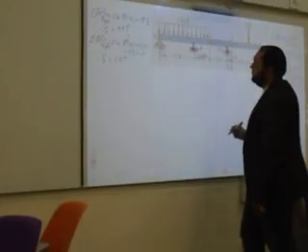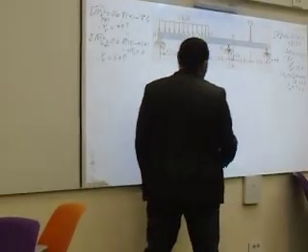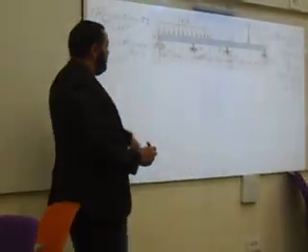Therefore, YA comes to: this is 24, 24, this is 32. 32 minus 4, this is 28. Minus 6, this is 22. Minus 15, this is 7, up. Okay? Please double check what I have done now.